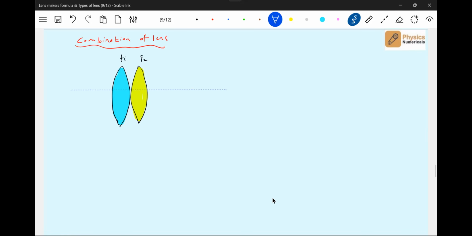Then I'll keep an object somewhere here. First, the ray incident on the first lens will undergo refraction and wants to form the image here, I dash. But the second lens will make it undergo refraction again.